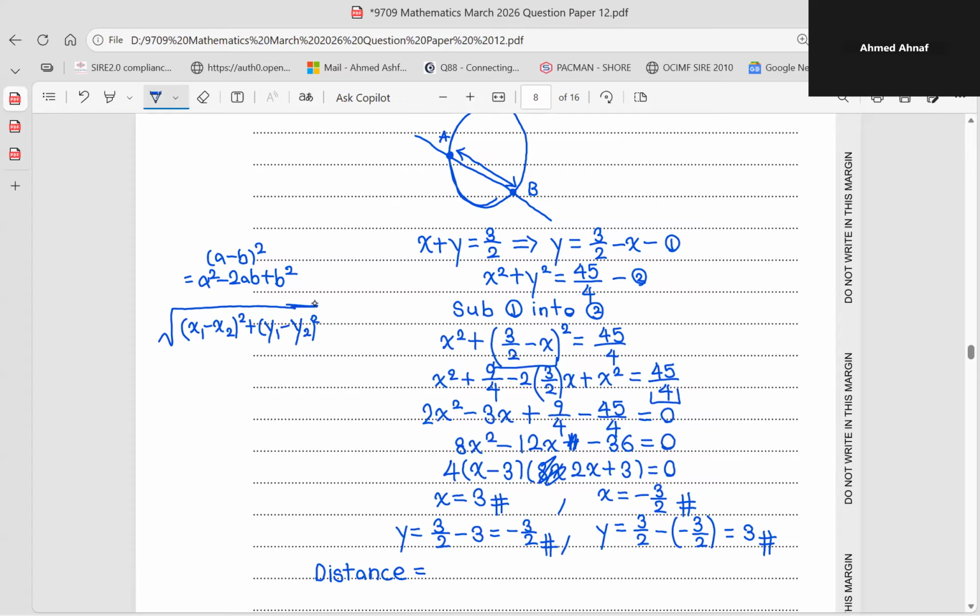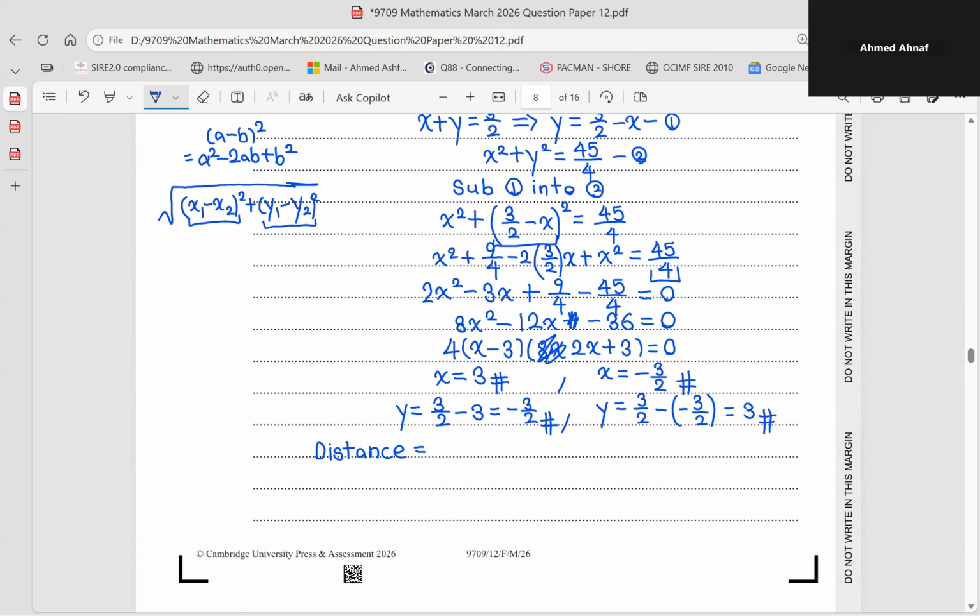One way to remember is that it's almost the same as the gradient formula. You find the difference between the respective x and y coordinates, but instead of dividing, you square them and add them up, and you square root them, just like Pythagoras' theorem.